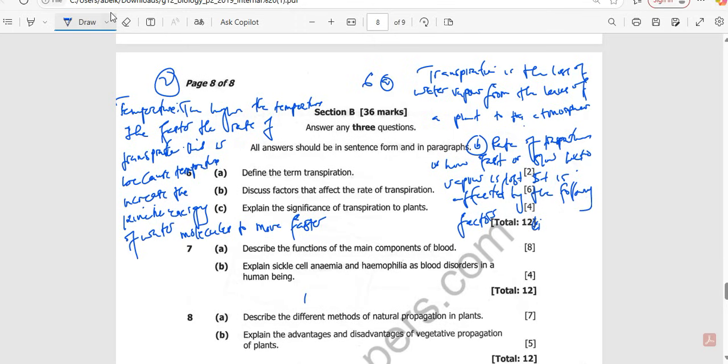From here, for the other factor, I'll talk about humidity. I'll not put a bullet to show that it is a new factor, but I'll just start to make sure that it becomes a paragraph. Humidity is also another factor which affects the rate of transpiration. So I've stated the term humidity.